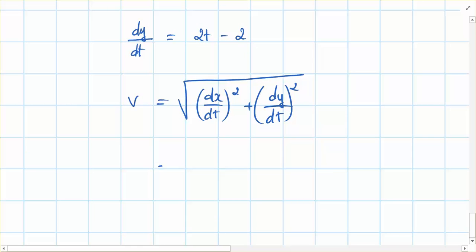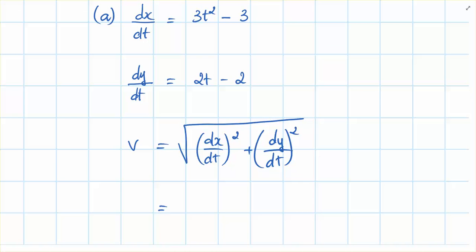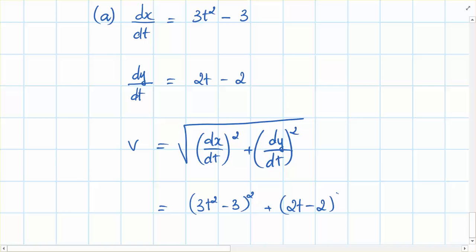So you have dx over dt is 3t squared minus 3, squared, plus 2t minus 2, squared, square root the whole thing.